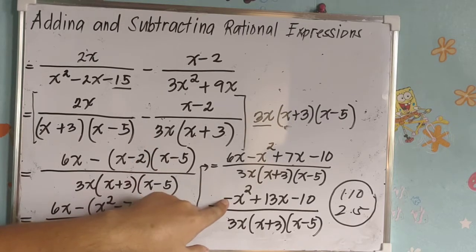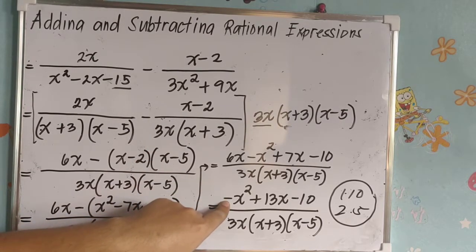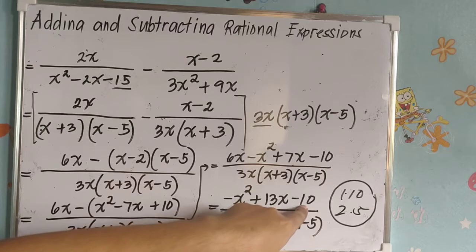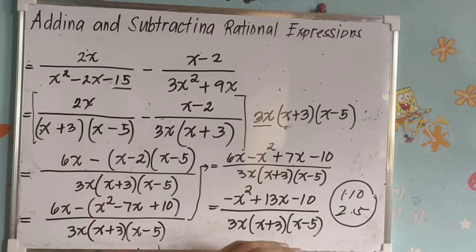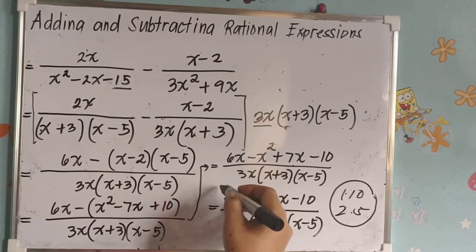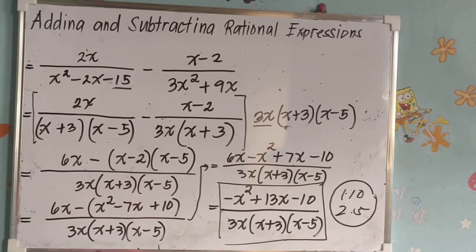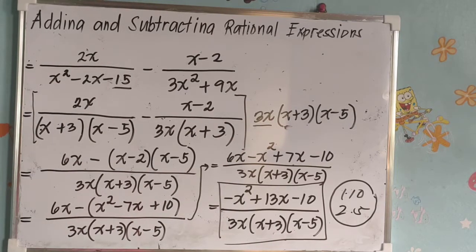The leading term is negative. However, if this were positive, we could write that first, but this is also negative, so we can leave it as it is. Negative x squared plus 13x minus 10 all over 3x times the quantity x plus 3 times the quantity x minus 5.